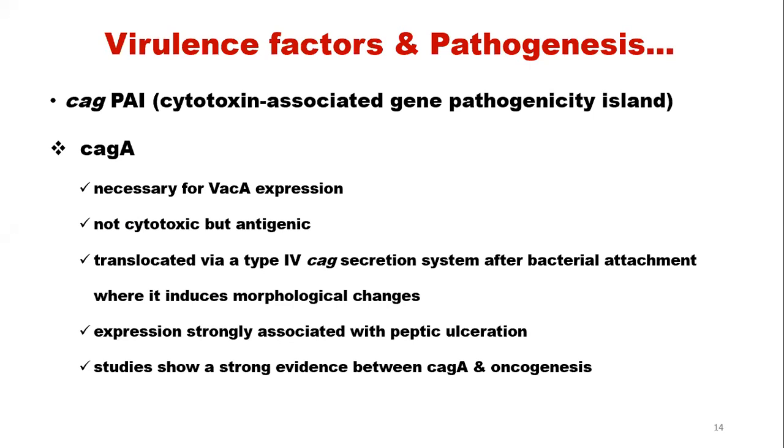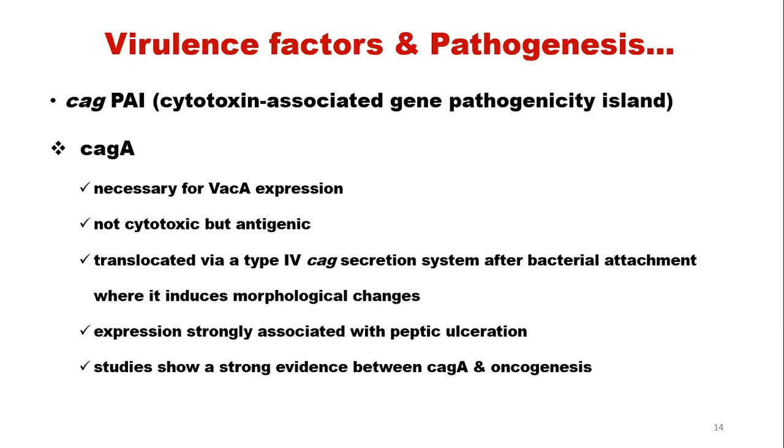Now, type 4 secretory systems are systems that allow extracellularly formed components to be translocated into a potentially infected cell through a mechanism that is similar to what you have when you use the hypodermic needle. So this is like injecting the CagA into the enterocyte once you have binding.